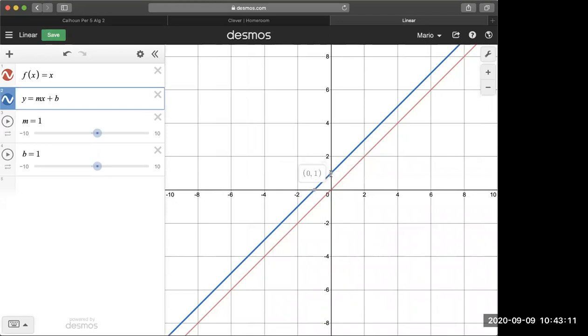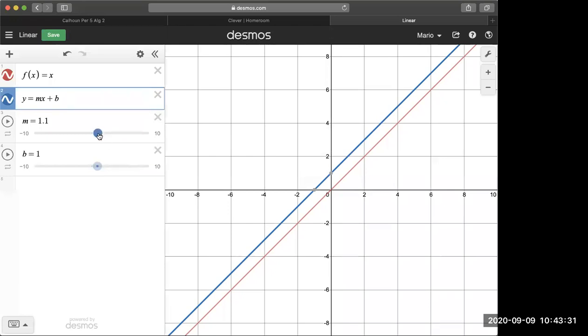So here, my x is 0, y is 1. When x is 1, y is 2, then 2, 3, then 3, 4. So every time the x increases 1, the y increases 1.